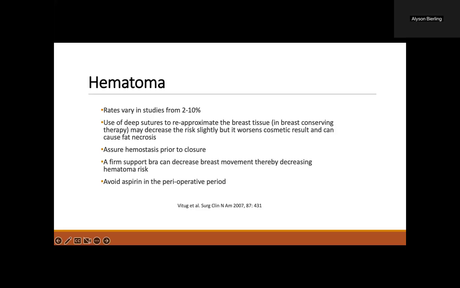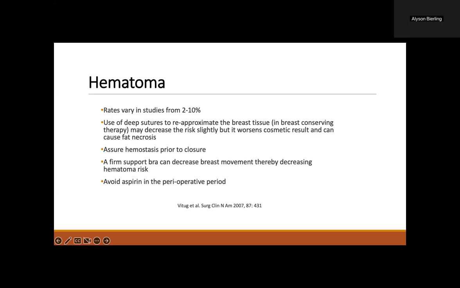If you approximate the breast tissue like that and then they stand up, the tissues can't rearrange themselves in the way that a breast would normally be shaped. And it causes fat necrosis. And fat necrosis will often calcify. Then if women have mammograms afterwards, you'll see these calcifications, which could just be from fat necrosis or could be from a recurrence of cancer. So we try not to use any deep sutures.